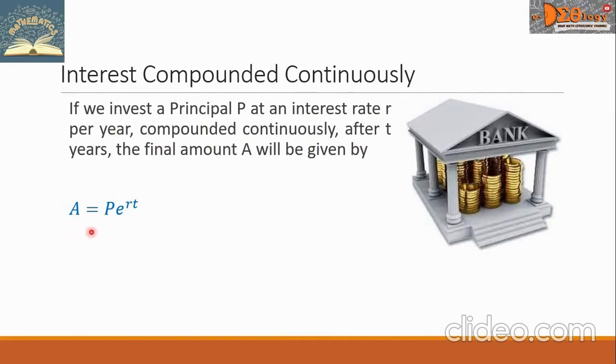Capital A equals capital P times the constant E, and this is raised to a power which is a product of R times T. Take note that this E is a special constant that is equivalent to 2.71828 and so on. We can get this number directly from the calculator.